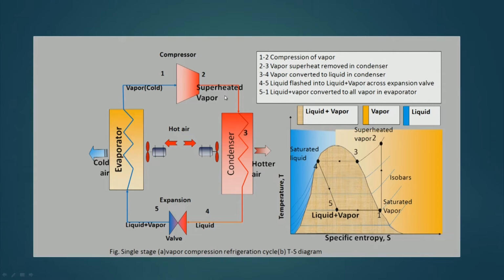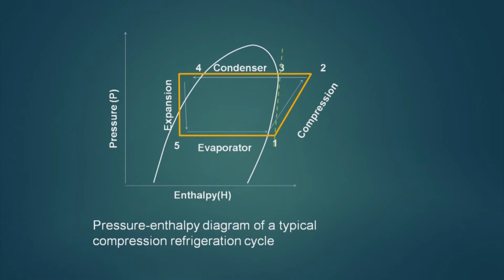In 2 to 3, the superheating is removed in the condenser, and then 3 to 4 the vapor is converted into liquid in the condenser. Then 4 to 5 the liquid flashes into a liquid vapor mixture across the expansion valve, and then 5 to 1 the liquid vapor converts to all vapor in the evaporator. Now, if I see a pressure enthalpy diagram, this shows my cycle.